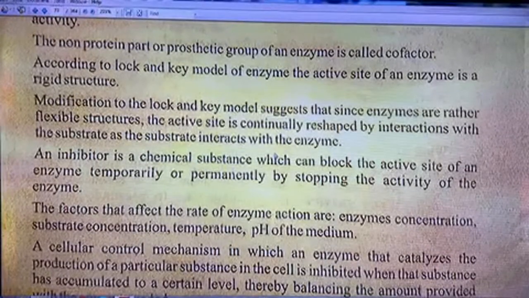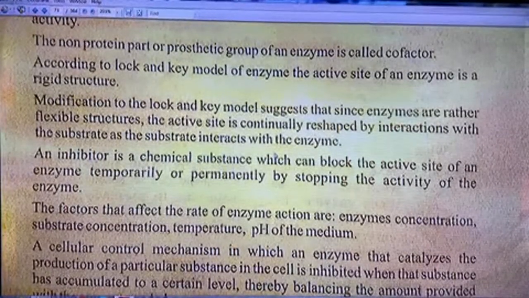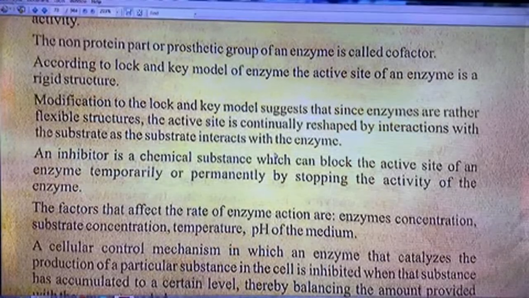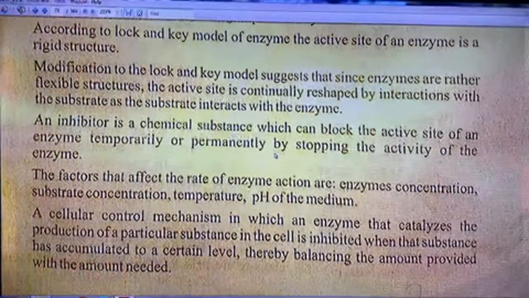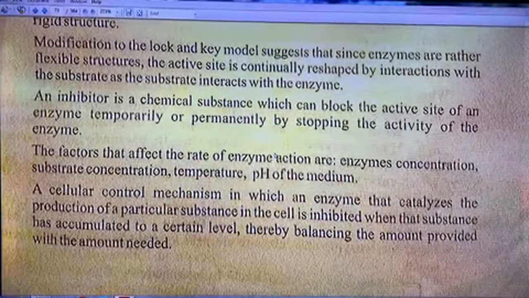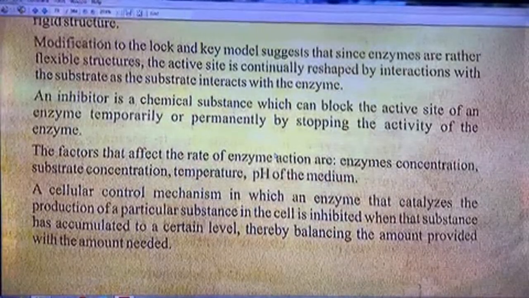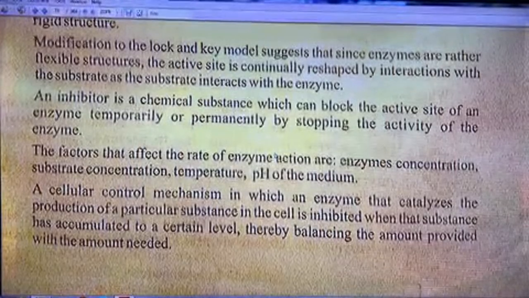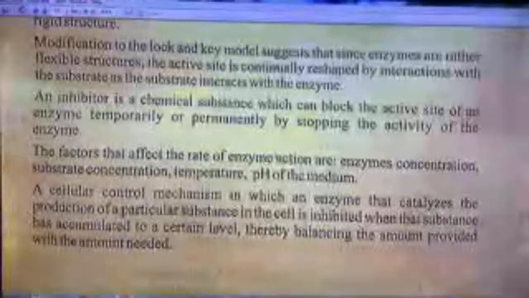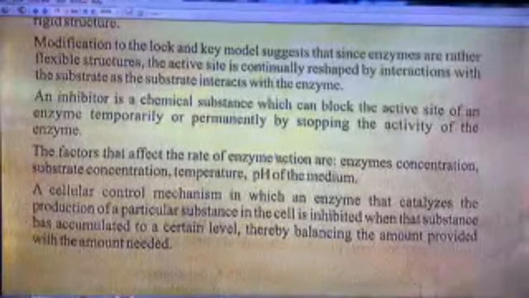According to the lock and key model of enzyme action, the active site of an enzyme is a rigid structure. Modification to the lock and key model suggests that since enzymes are rather flexible structures, the active site is continually reshaped by interaction with the substrate as the substrate interacts with the enzyme.